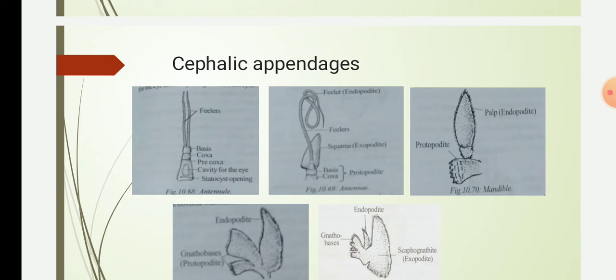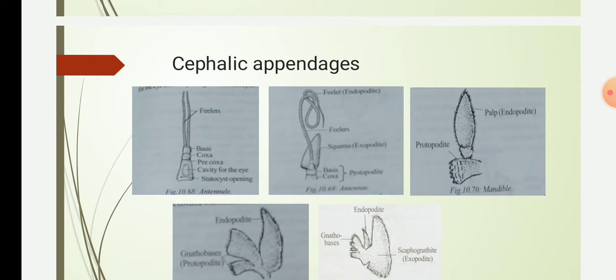Students, do you remember how many appendages are present in prawns? There are a total of 19 segments, and each segment consists of a pair of appendages. So a total of 19 pairs of appendages are found in prawns, divided as per the segments.